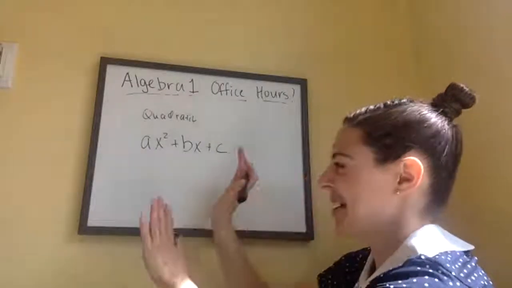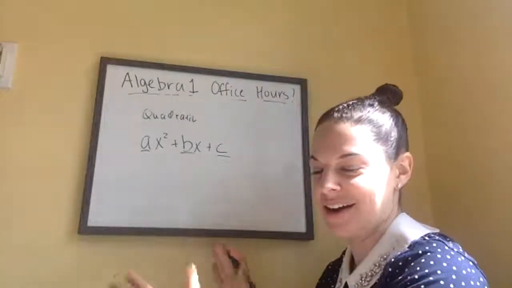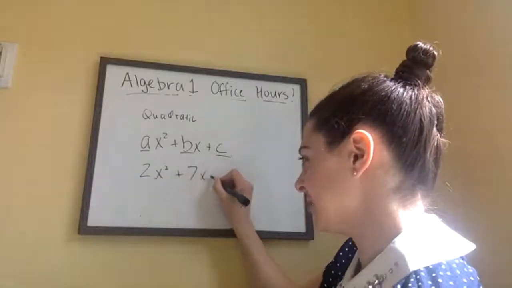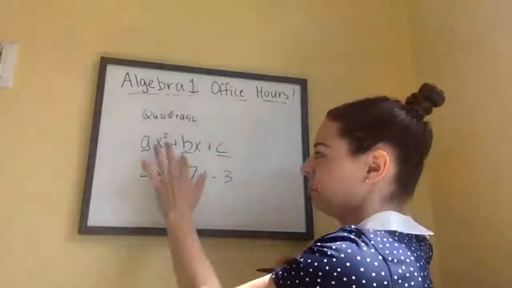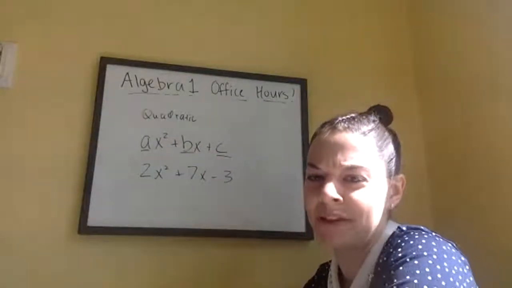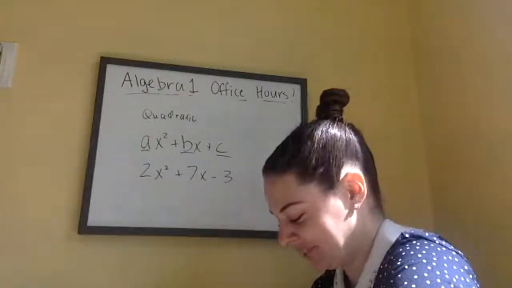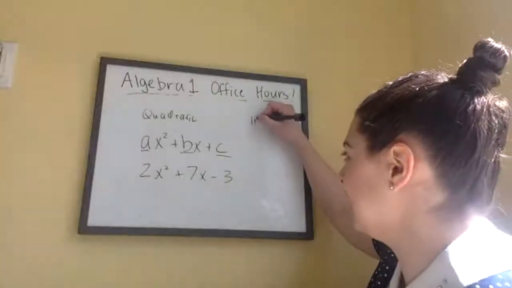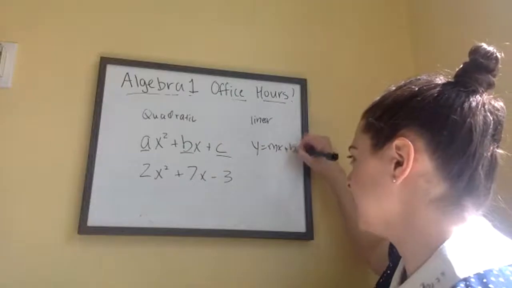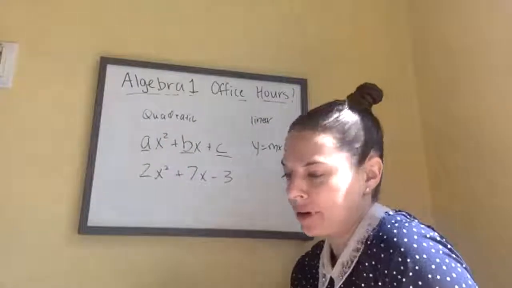When it comes to the quadratic equation, a, b, and c just represent that there would be numbers there. So an example would be 2x squared plus 7x minus 3, with numbers in place of the letters. The quadratic equation is a format of writing an equation, kind of like how in linears we write y equals mx plus b, where the m and the b were numbers. It's the same concept. A, b, and c are all numbers.